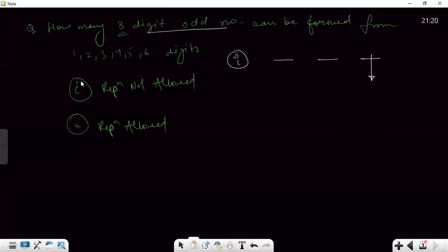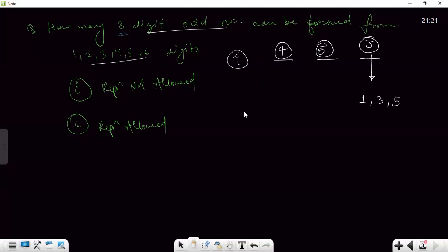So how many digits are odd in the given options? 1, 3, and 5. We have three options to go with. Now we should not repeat any of the digits. So after having used one digit, we are left with 5 choices to fill the second place, 4 choices to fill the other place.